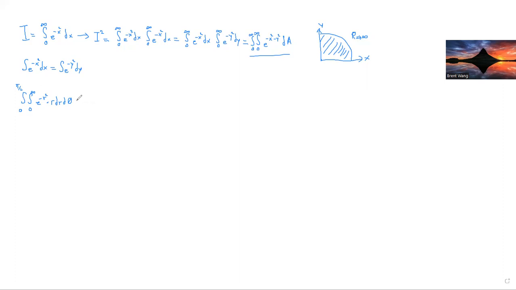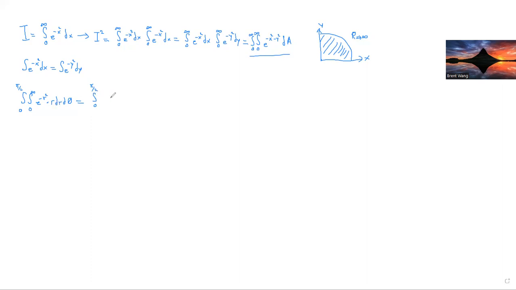Okay, and doing that, you could use the substitution method or anything. I think I just did this one directly by using substitution.